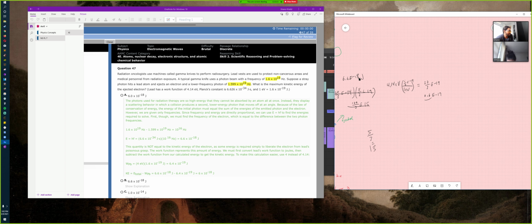So it'll basically just be like 66. Negative 18 minus negative 19 is negative 18 plus 19, which is just 1.